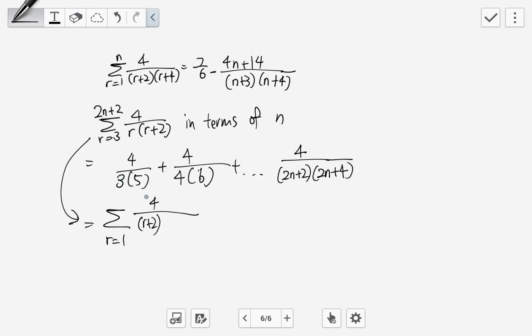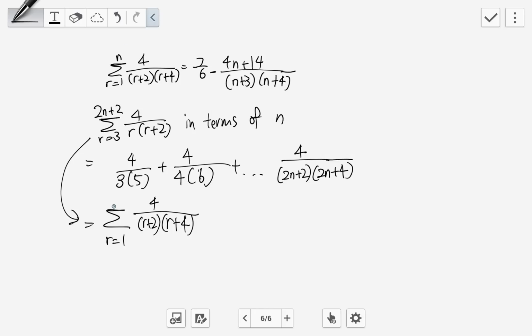I realize every term is increased by 1, so r plus 2 looks like this. And when r equals to 1, this one must be r plus 4. Do you see that this happens to be the same as this? That means we can apply this formula.